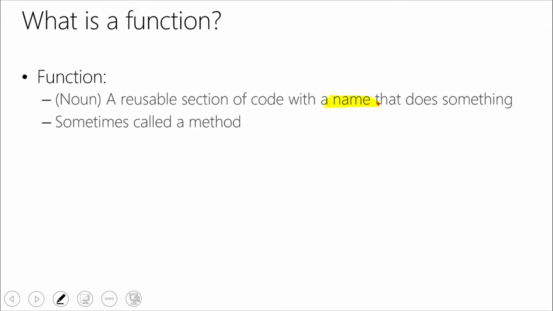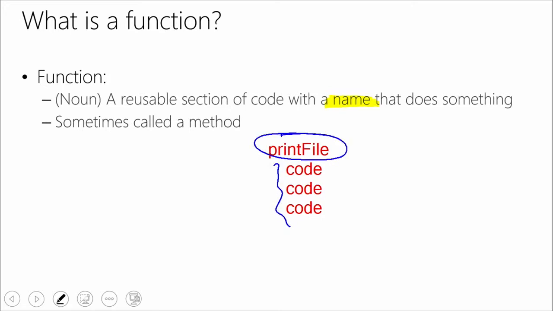So if I created a function and called it print file, and then inside of here I had all of the code to go in and print that file, I don't necessarily need to know what's going on inside, because if I look at this, it says print file. What do you think that's going to do, Susan? I think maybe that will print a file.